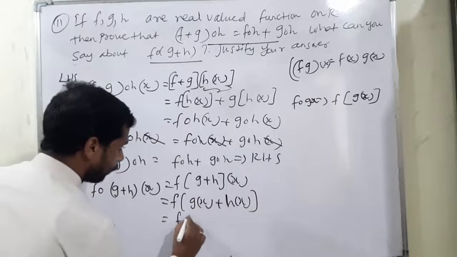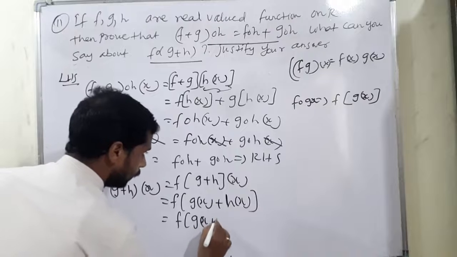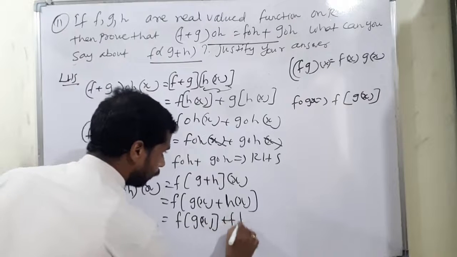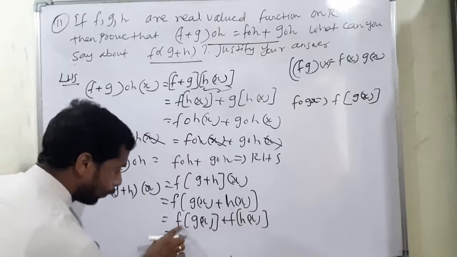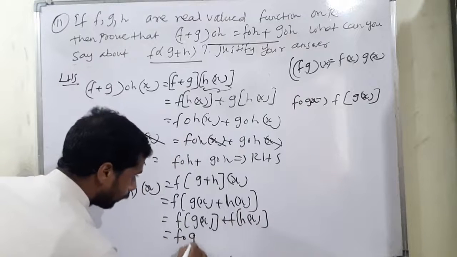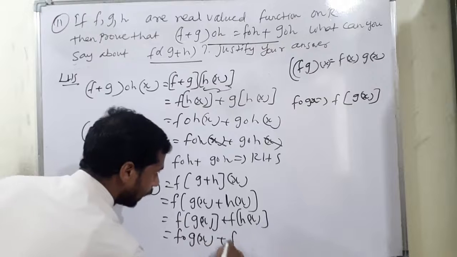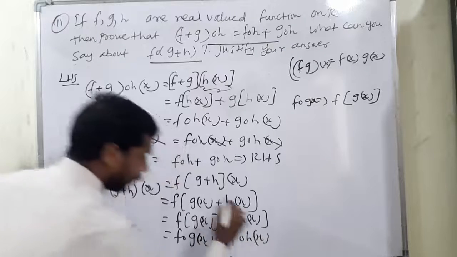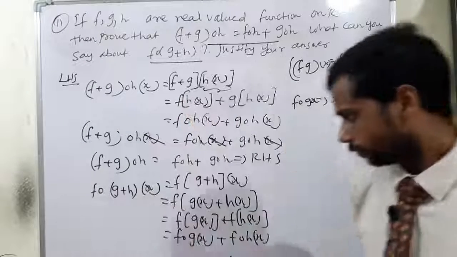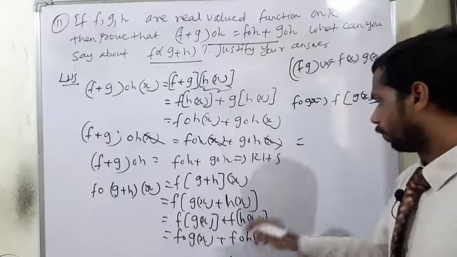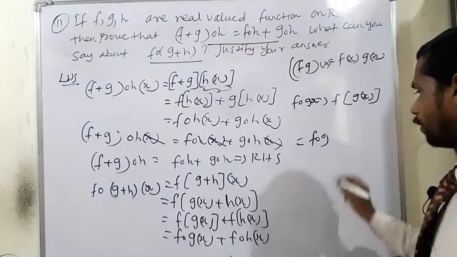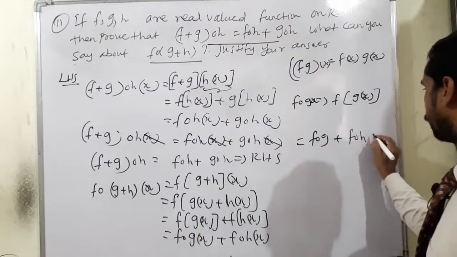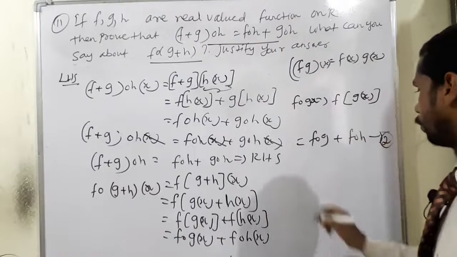Again f of g of x, then plus f of h of x. Again if you remove the bracket, we can write f dot g of x, again f dot h of x. Therefore, f dot g we can write now, except x, what is the term? f dot g plus f dot h. This is condition number 2.